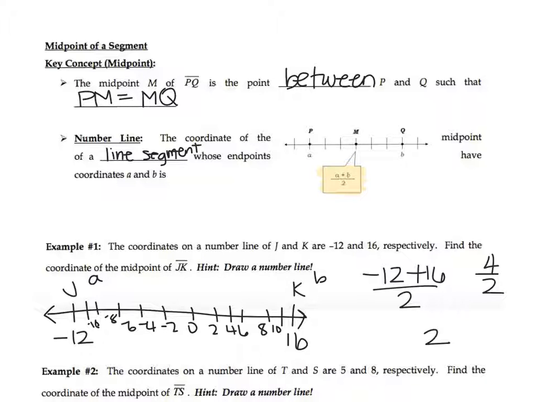I don't have enough lines. So if we did, here would be 2, this would be my midpoint M. Make sure you have enough lines so that you can see exactly that it is halfway on your number line.